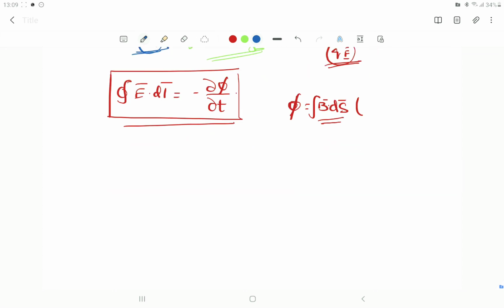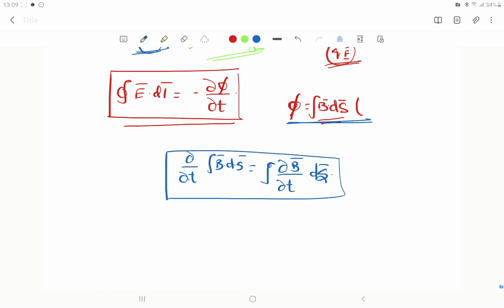Okay, let's move on. So now, if we do this, it comes like B dot dS is equal to the partial derivative of B with respect to t, dot dS. Okay, these are all vectors. This is the equation that comes.